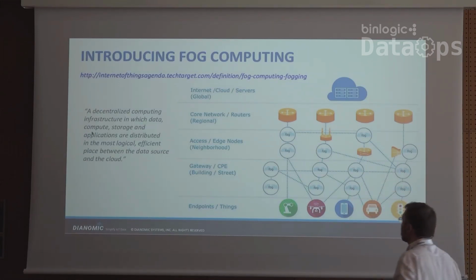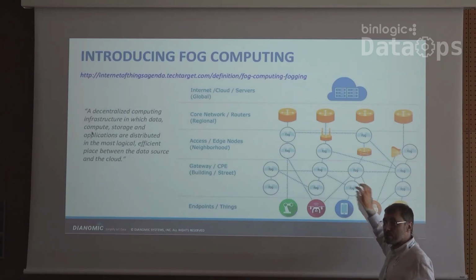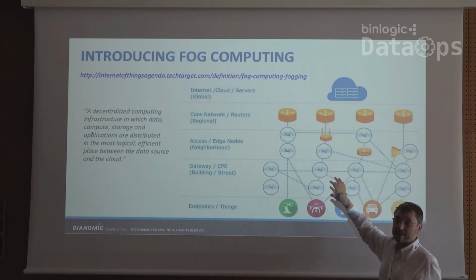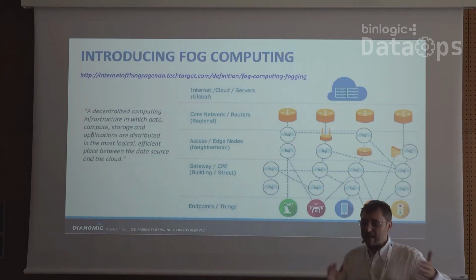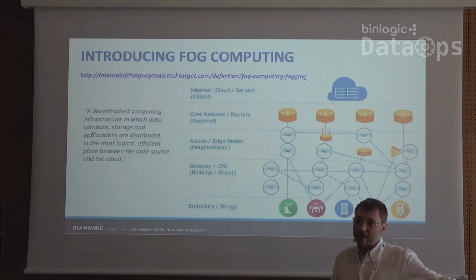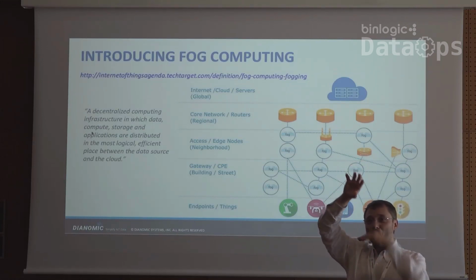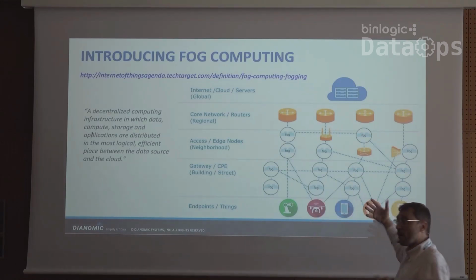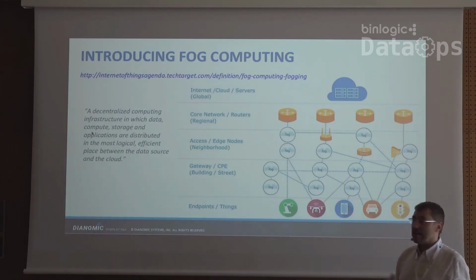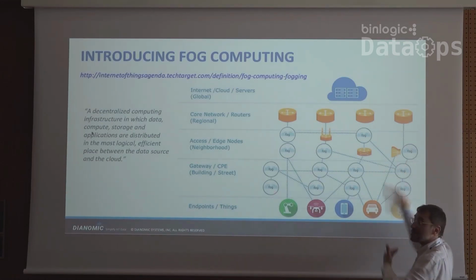And these layers are really important because in every layer, you have some computing and storage that is necessary. So if you think about the concept of client-server in the past, where you had the client and the server, and now you have multiple layers and you have cloud computing, the idea of fog computing is very similar. Things are really much more complicated today, but unfortunately, they must be like that.